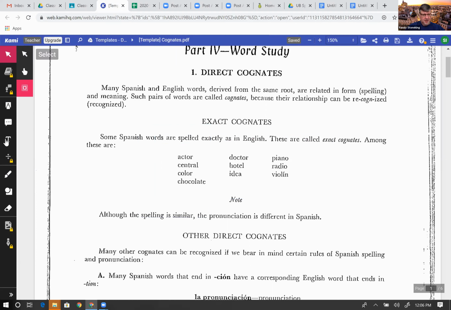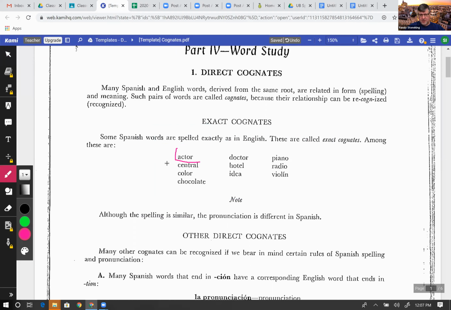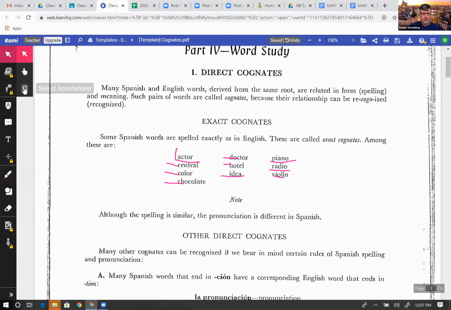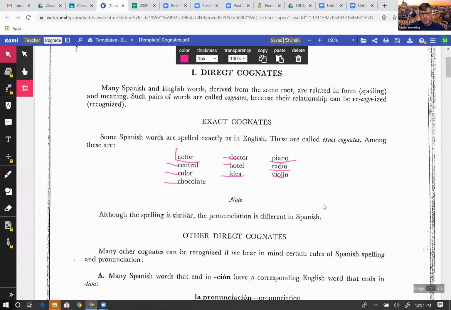So we have words like actor in English, it's actor in Spanish. Central means central. Color for color. Chocolate for chocolate. Doctor, hotel, idea, piano, radio, and violin. Those are all words that are literally the exact same word in Spanish as they are in English.